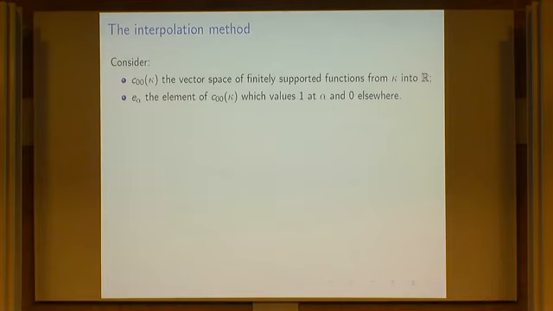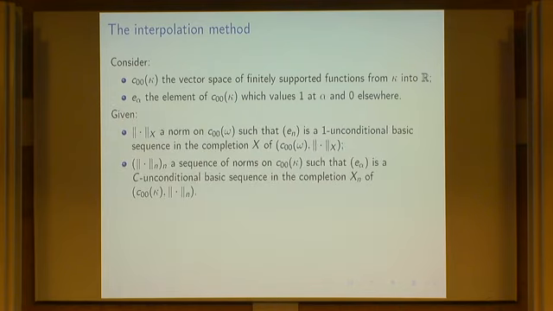Okay, so these are the 4 ingredients we have. Let us go to the interpolation method, which gives the link and motivates why we define these CL sequences. So we have again the vector space of finitely supported functions. And then I have this canonical element which has only one coordinate 1.